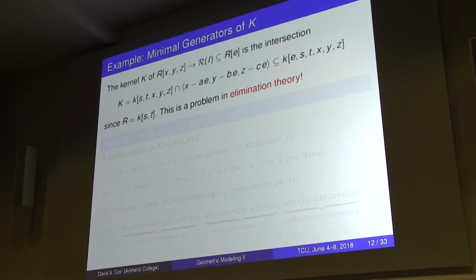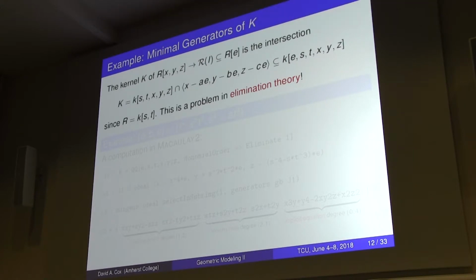First of all, this is also just a way to compute it, and you see I have an algorithm for computing it. Here we want the kernel of this map, in the curve case. So what do I have to do? Remember x is mapping to, the generators are a, b, c, and the map sends x to that, y to that, z to that.